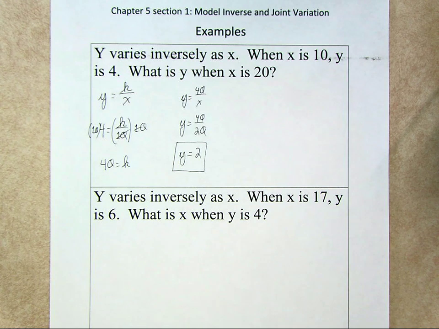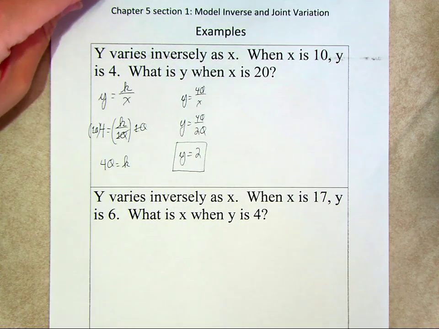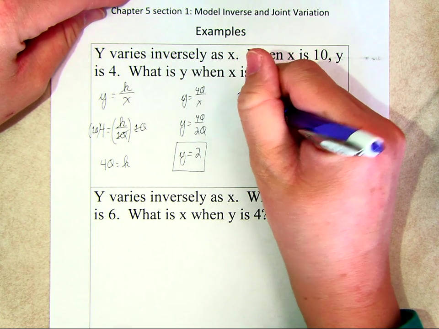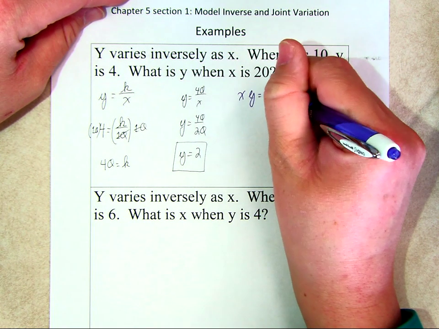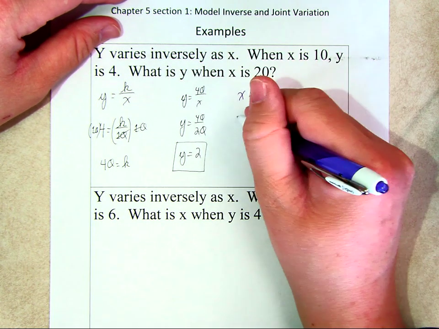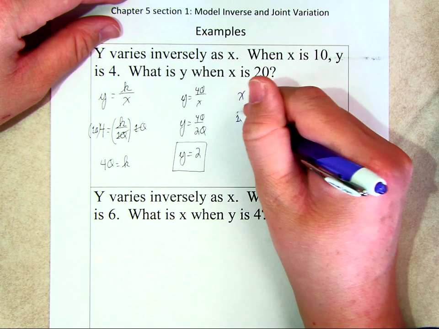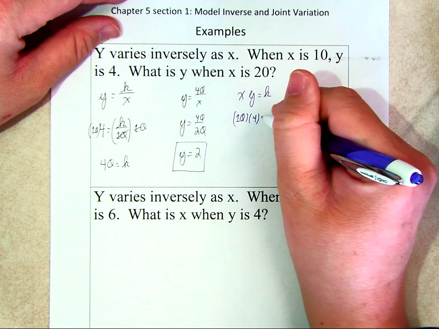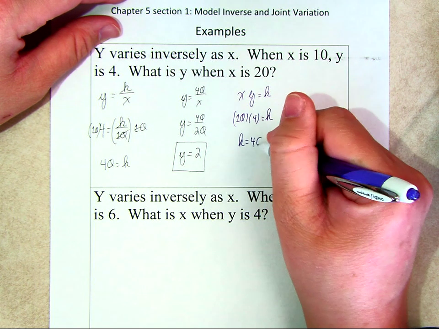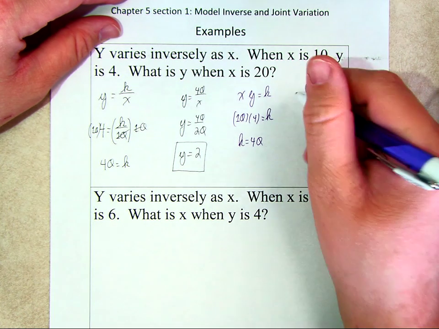Now, what I'd like to do over here is show you the other formula, how it works. xy equals k. You can use either. So when x is 10, y is 4. Look at that, I got the same answer again.